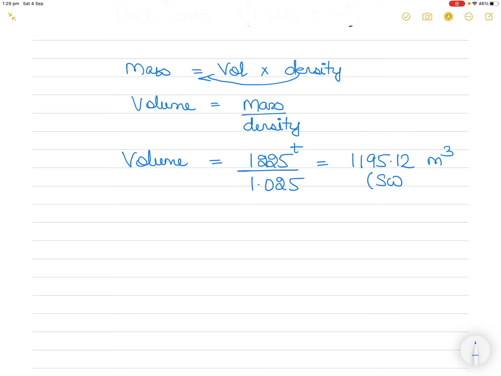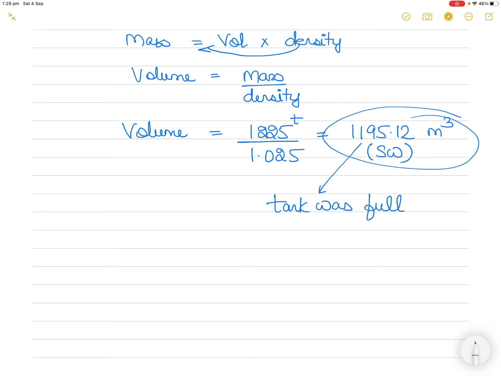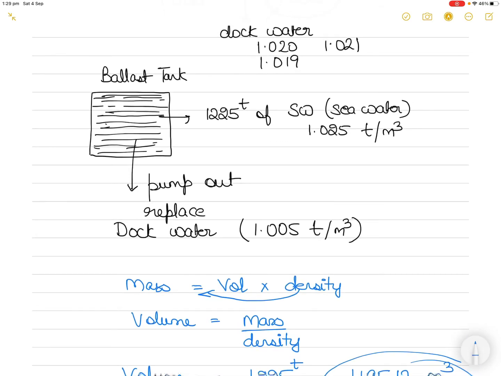Now volume doesn't change, so volume remains the same. Because the tank was full of seawater which weighed 1225 tons, the volume of the seawater becomes equal to the volume of the tank.